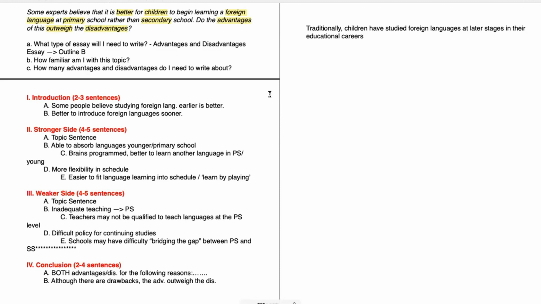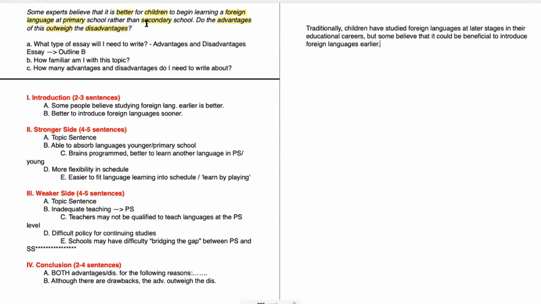I'm basically going to include the rewritten question right here, and I'll say, but some believe that it could be beneficial to introduce foreign languages earlier. And that is basically what I've said here.